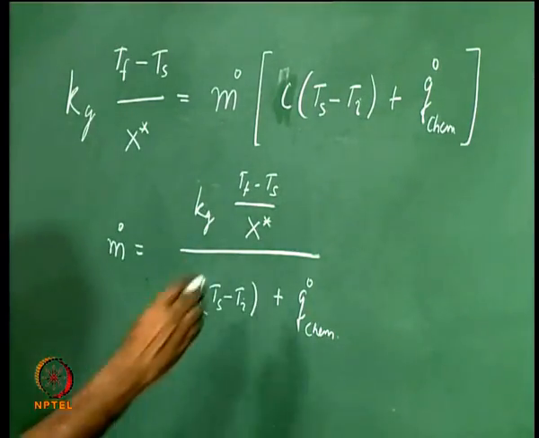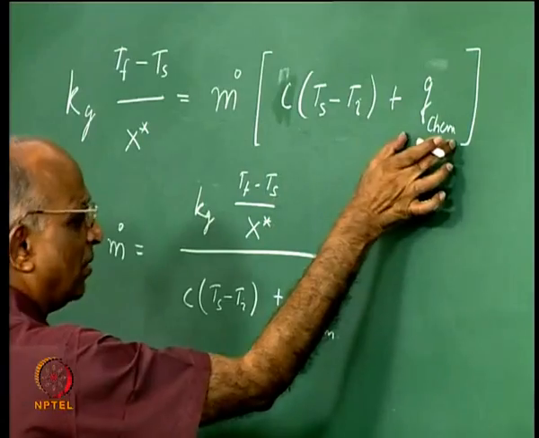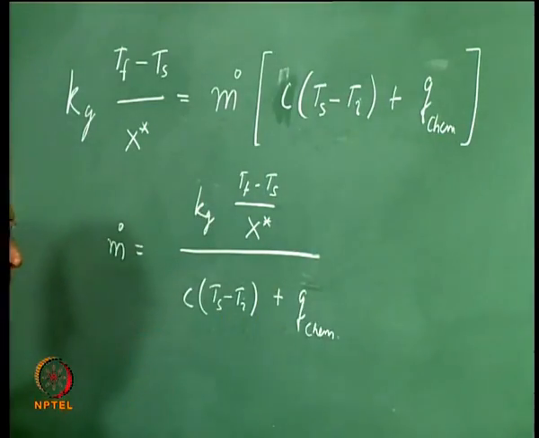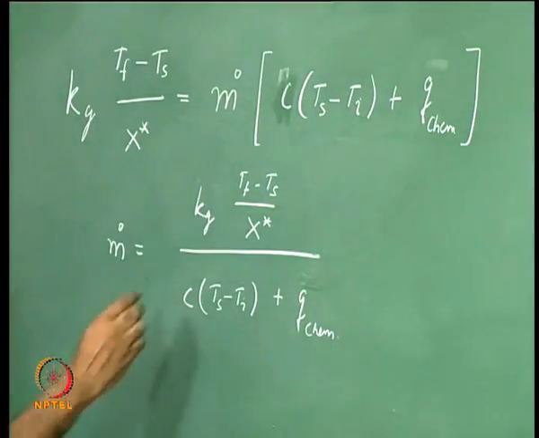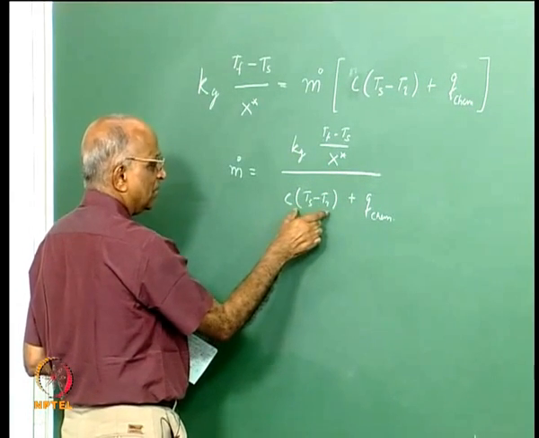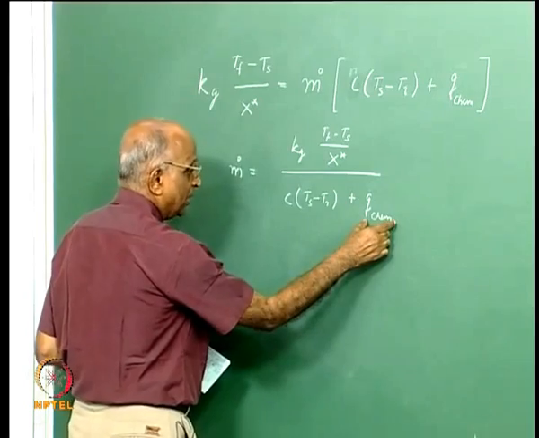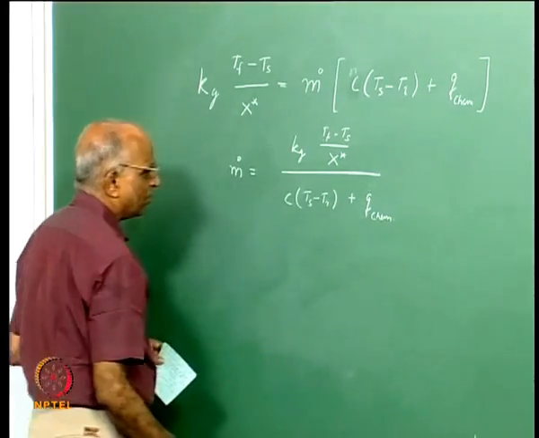Actually, in this I need not even put the dot because it is just the magnitude of heat release, so maybe I should do away with the dot and just write Kg into Tf minus Ts by x star, divided by C, that is the heat required, plus the endothermic reactions at the surface.